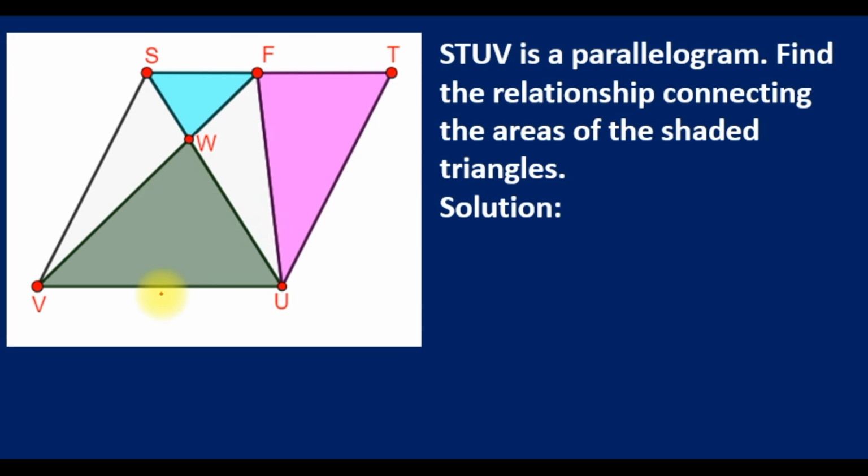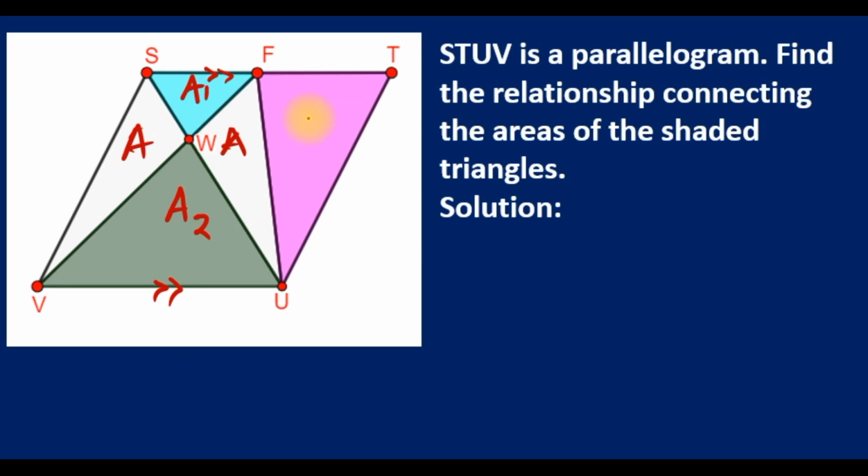Okay, I want to get the relationship connecting this. If we call here A1, we call here A2, we know that here is A. Because they say it's a parallelogram, this is a trapezium because the sides are parallel. So this is A, A1, A2.